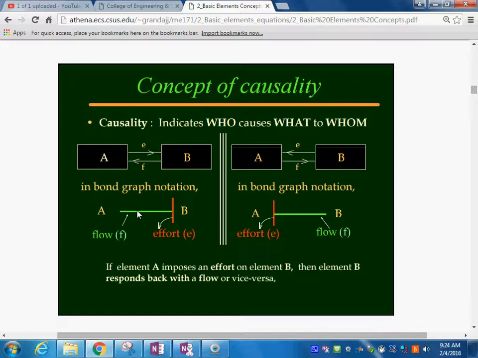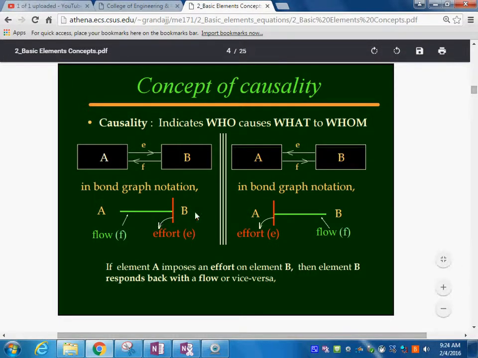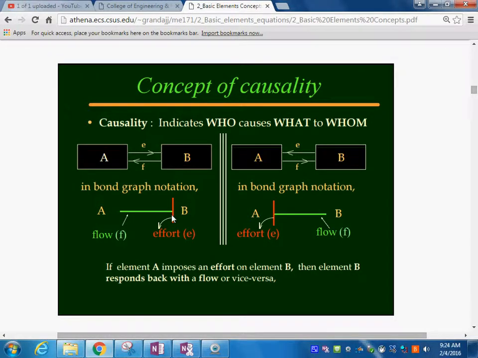The crossbar indicates the way the effort is going. In this case, A pushes on B, as if you hold A by the horizontal line and push it towards B like a piston. Then it's obvious that A is applying some force on B and B is responding with a velocity. The force is the red line, and the response, the velocity, is this green line.